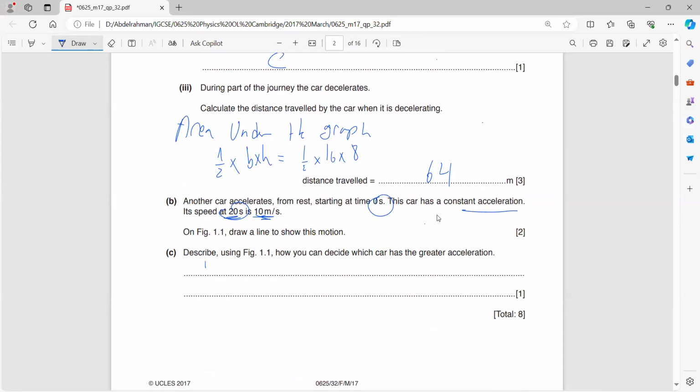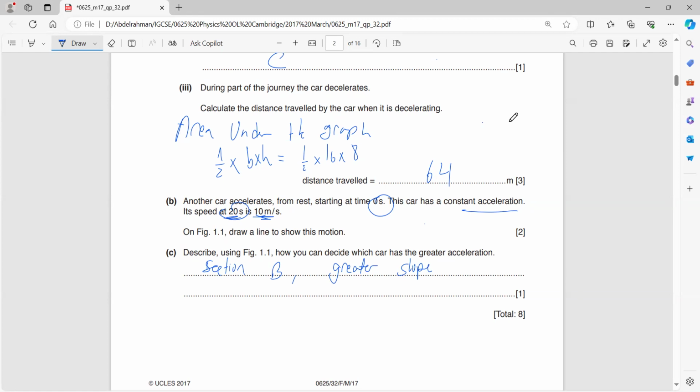It says car B here, or section B, whatever. It's the same car basically. I can say section B or the first car. Why? Because it has the greater slope or greater gradient.